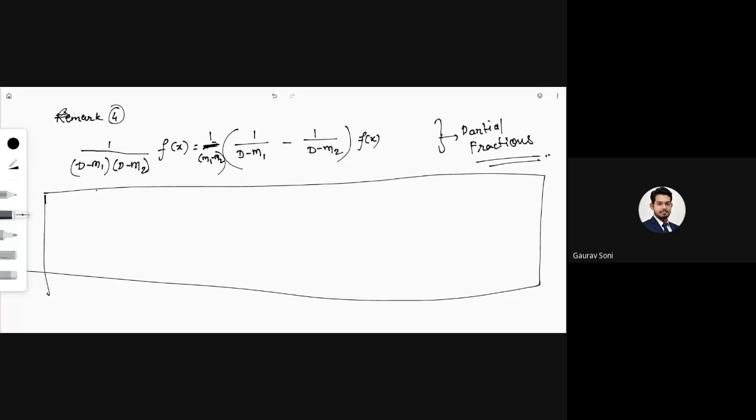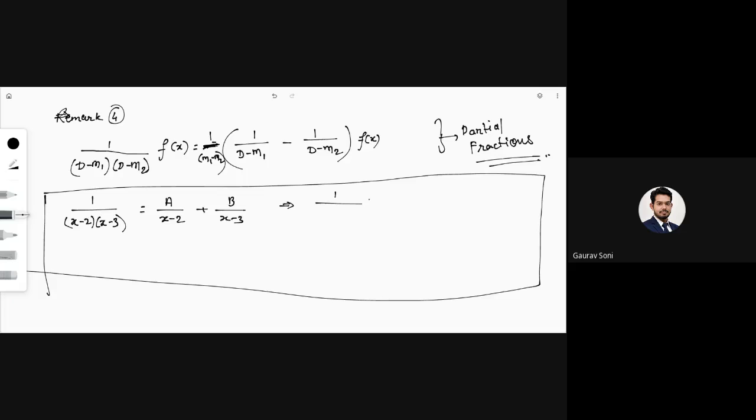So say if you have 1 upon (x minus 2)(x minus 3). What we do is write this as a upon x minus 2 plus b upon x minus 3. This is how I have to write it down. So I can do the cross multiplication on the left hand side and equate it with the right hand side.